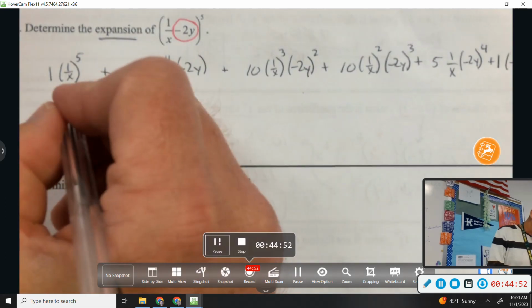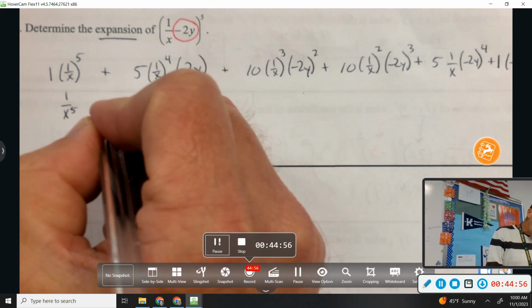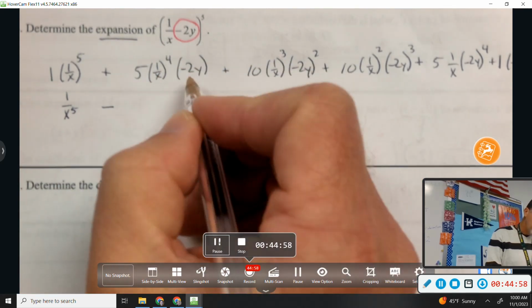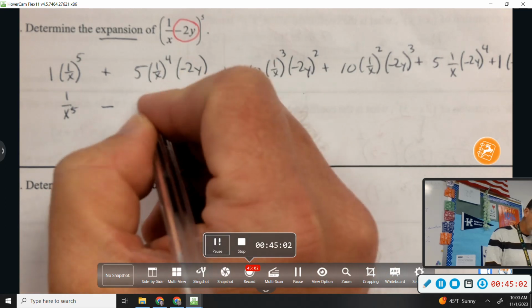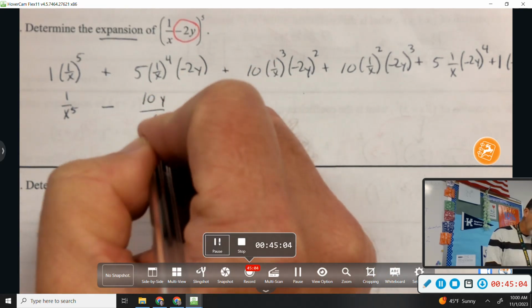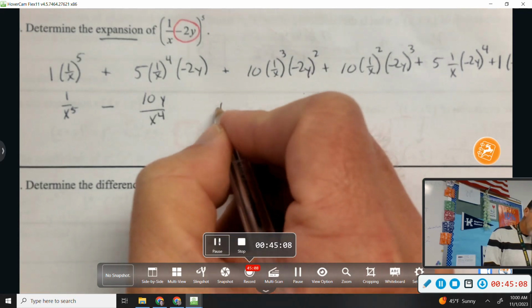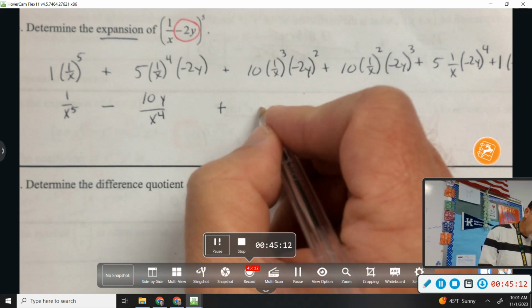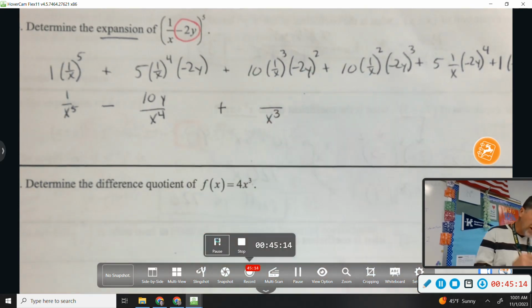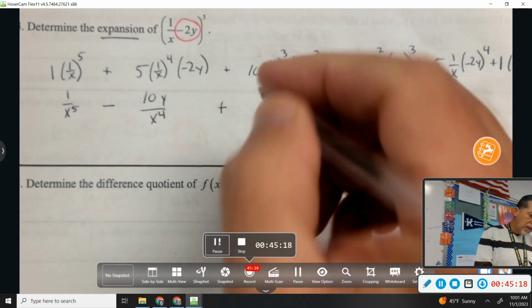So this would be 1 over x to the fifth minus, let's see, how much can we do at once here? 2 times 5 is 10, y over x to the fourth, plus, my denominator will definitely be x cubed. My numerator would be 4 times 10 is 40.